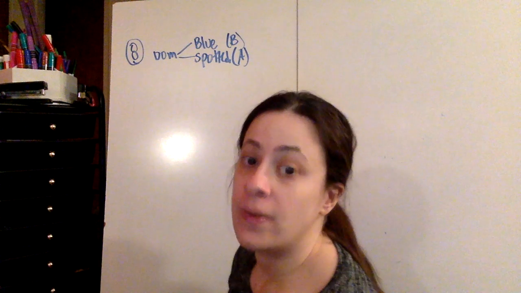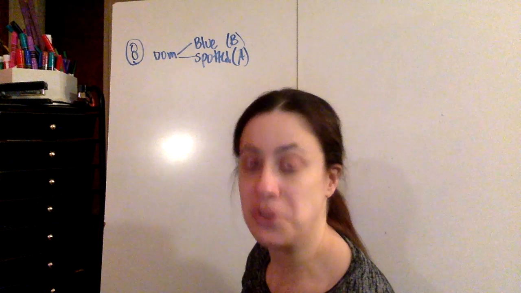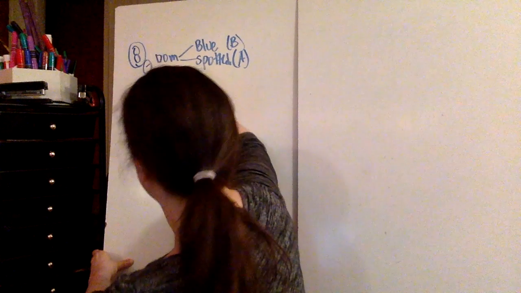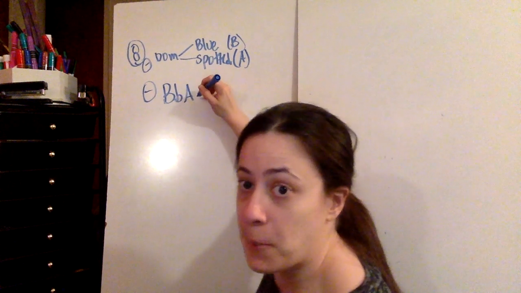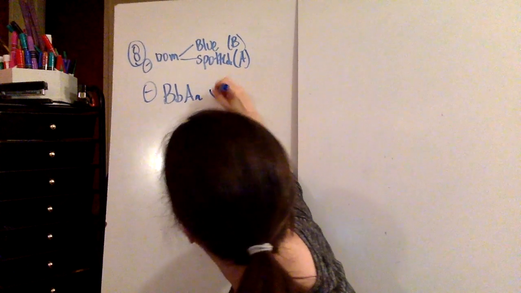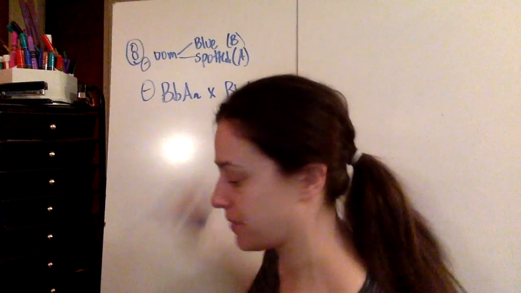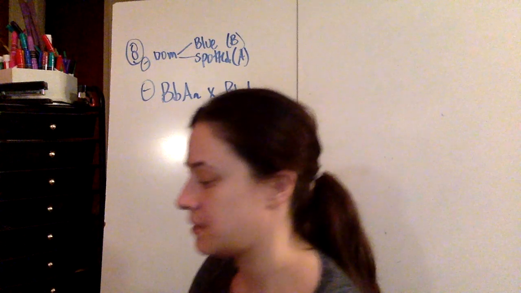Since it's the 9 to 3 to 3 to 1 ratio, we're crossing two dihybrids. So the answer is we're crossing capital B, lowercase b, capital A, lowercase a, with another dihybrid. So that's the answer to number 8.